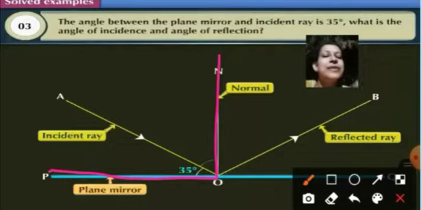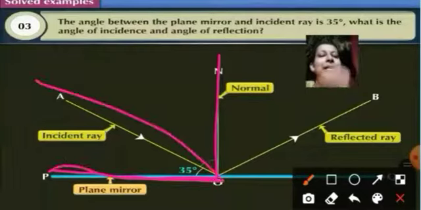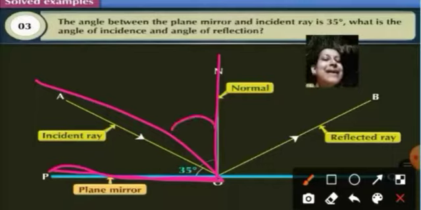We can also see that angle PON is 90 degree. Therefore, we can easily find out, when one angle, angle POA, is given as 35 degree, this angle as well as this angle. So it is very easy.